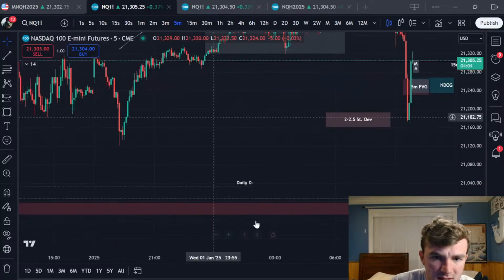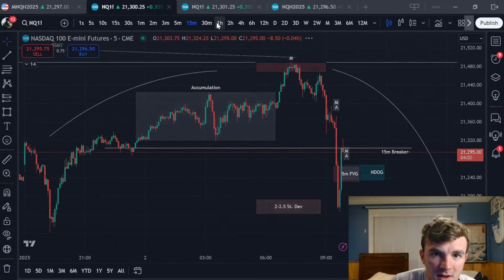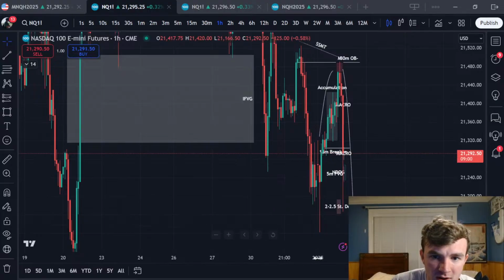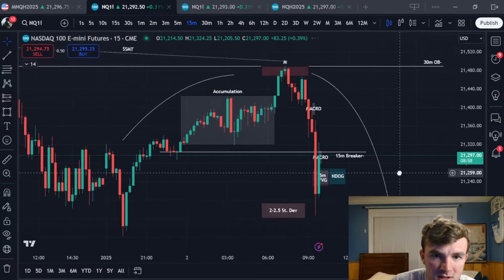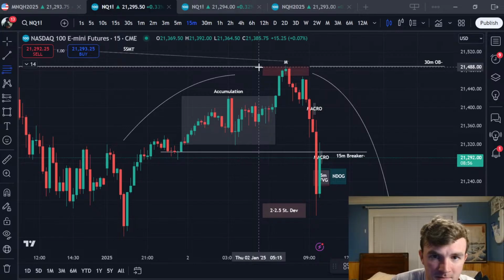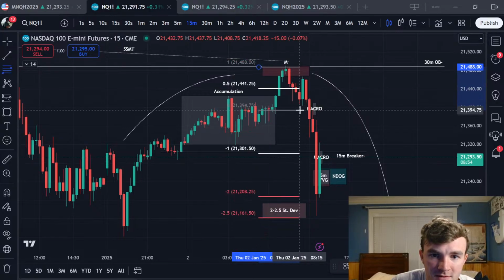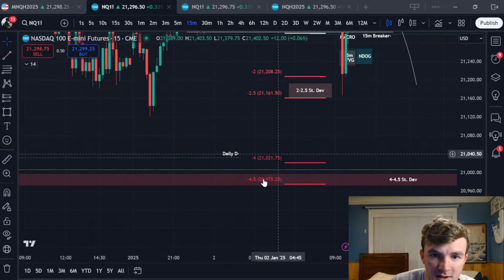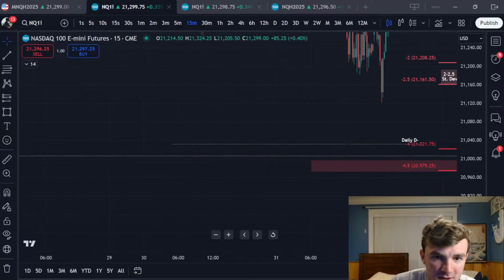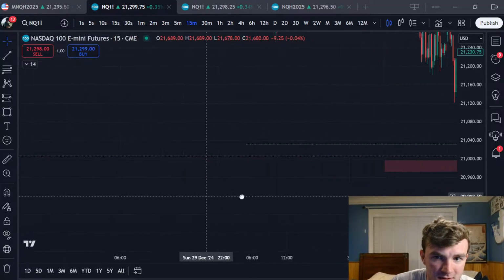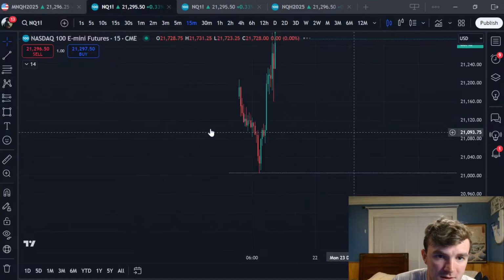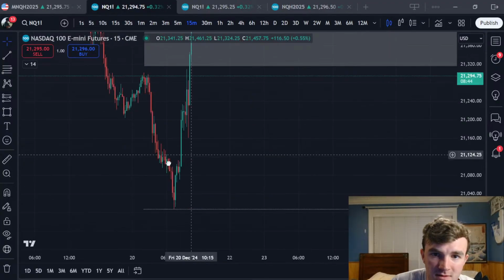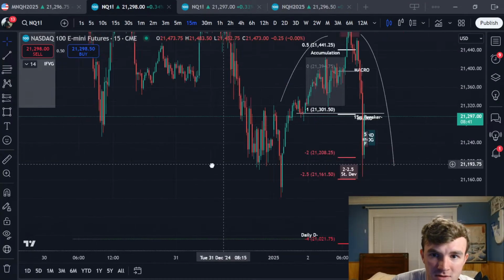Once again, this should be the draw now, because you measure out your standard deviations of this, and what do you get? This is very clearly right at this low, this sell side, right at the daily distribution level. That really does seem like where the market's drawing to.